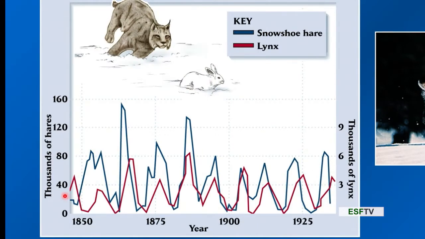Basically that's because the hare has to grow in its population in order for there to be enough resource, i.e. food, prey, for the lynx to start capitalizing on that and start eating it up. And then the lynx becomes very abundant in numbers. But now, because they're there, they're eating the hare, which then starts to drop off, which then starves the lynx, which then releases the hare, and so on. So we're going to look at how that can be modeled in today's presentation.